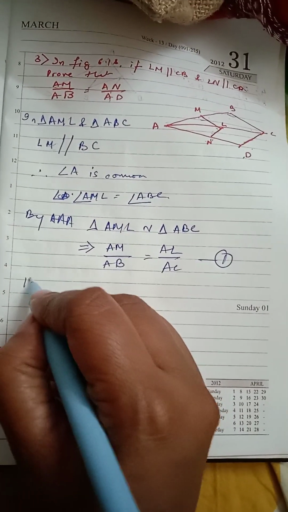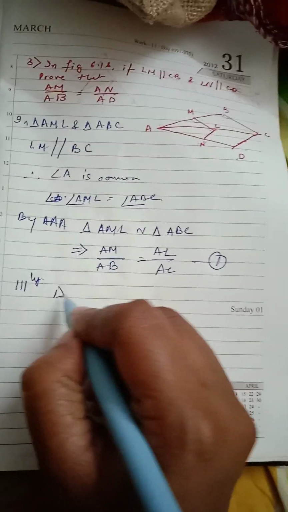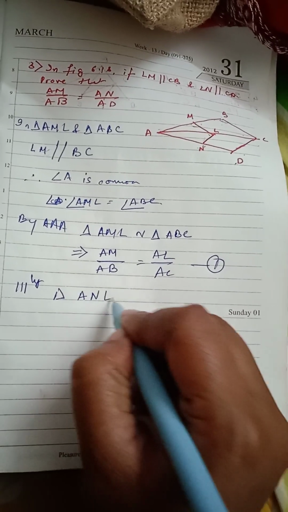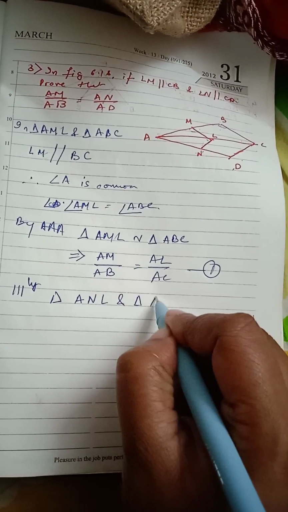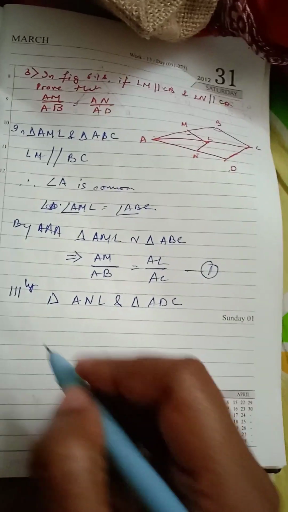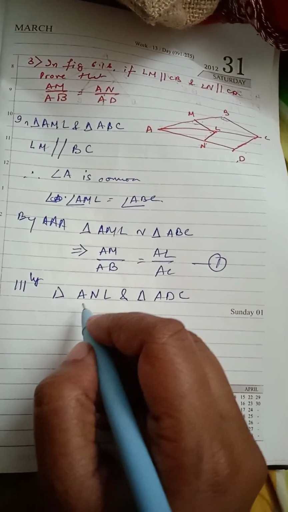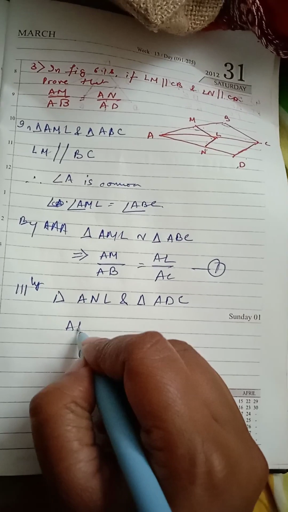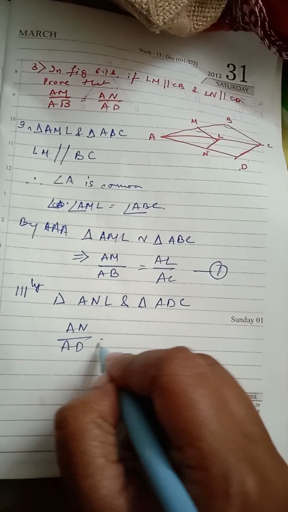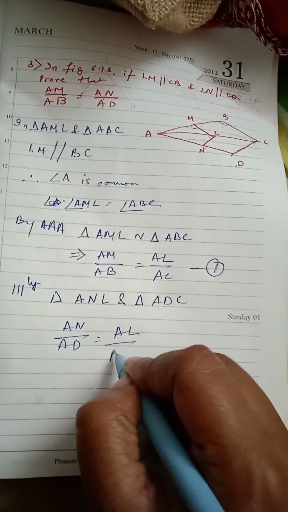Now similarly, triangle ANL and triangle ADC, what will we have? We will have them similar, and I will have AN by AD is equal to AL by AC.